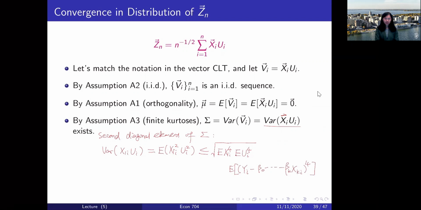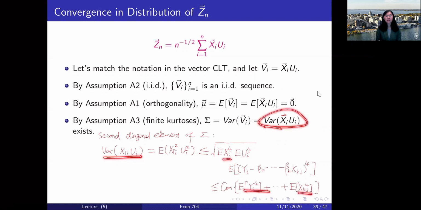If you expand all of this and use some inequality, you will find that this is less than or equal to a constant times the expected value of yi to the power 4 plus the expected value of xki to the power 4. These inequalities I will not explain, but they are mathematical inequalities that we use a lot in proofs. This simple sketch of the derivation shows that our assumption of finite kurtosis will imply the variance covariance matrix is finite.